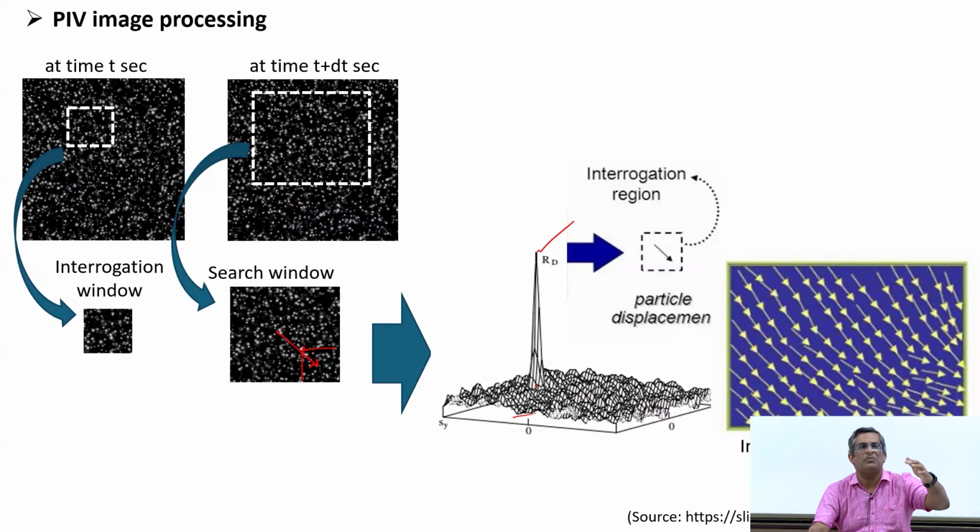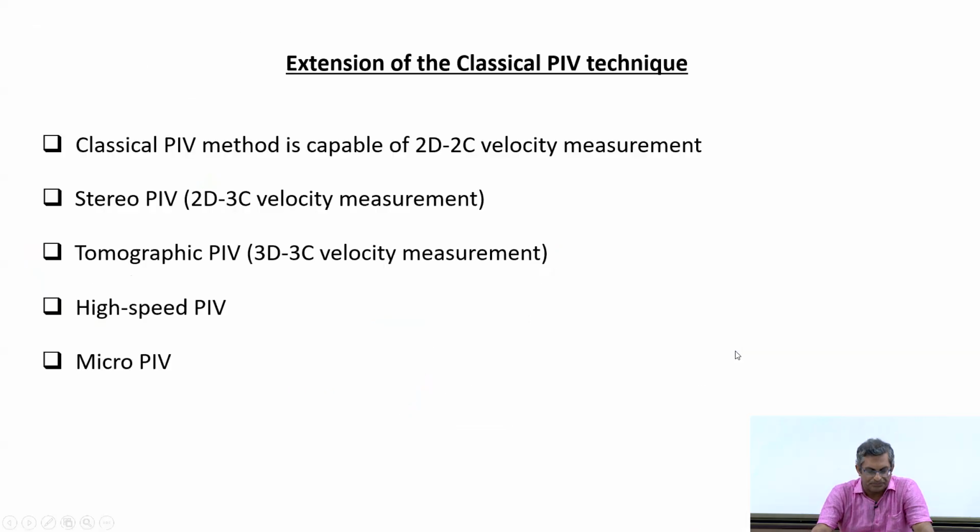For example, you will be able to show the mean velocity vector field or the turbulence intensity, but you will not be able to get instantaneous vectors at different locations at the same time. So, this is the power of the PIV technique.